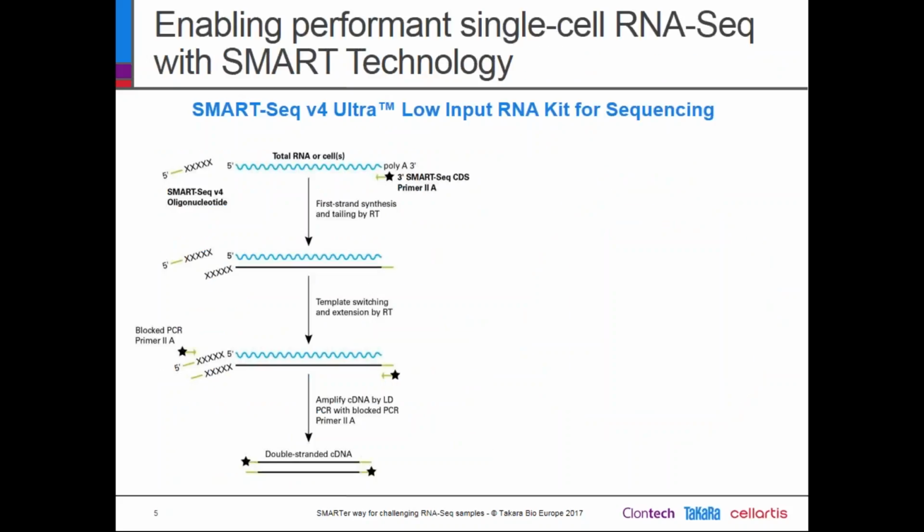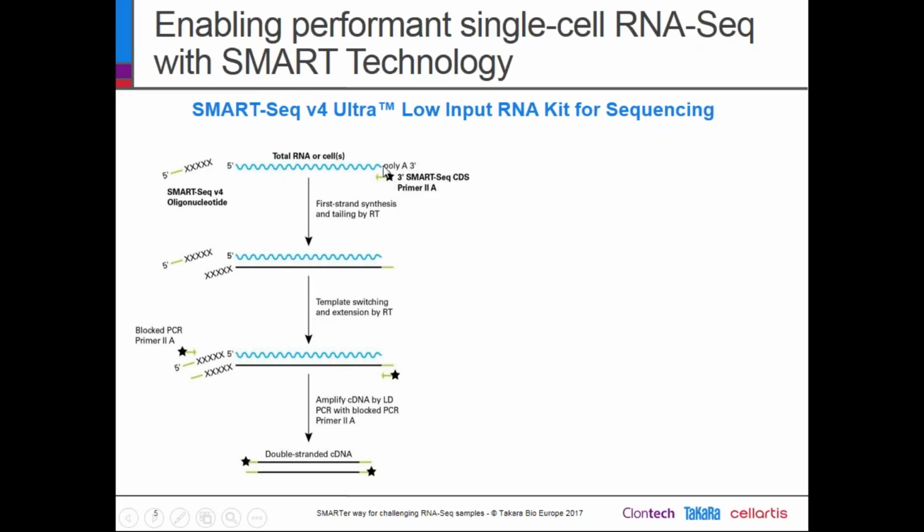I'm going to explain briefly how the SMART technology works, for the case of our product for single-cell RNA sequencing, which is called the SMART-Seq v4 Ultra Low Input RNA Kit. Here we have the description of the workflow. SMART is an acronym for Switching Mechanism at the 5' end of the RNA Template.